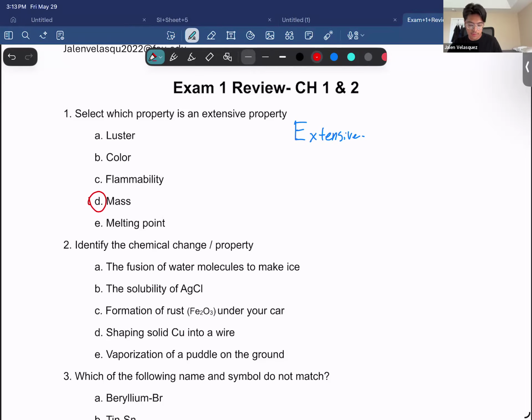So you need to be able to distinguish between extensive properties and intensive properties, right? So what is an extensive property? An extensive property is the property of something that depends on the sample size. Or in other words, it depends how much you have, right?